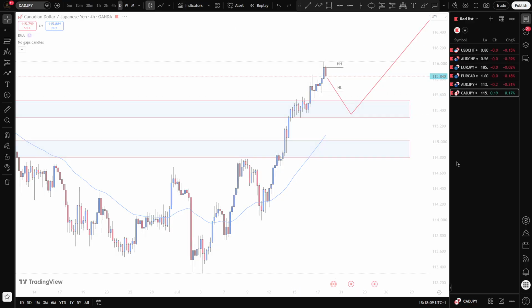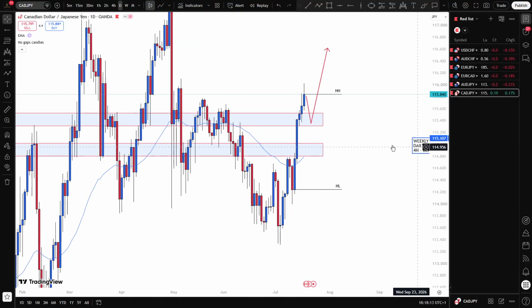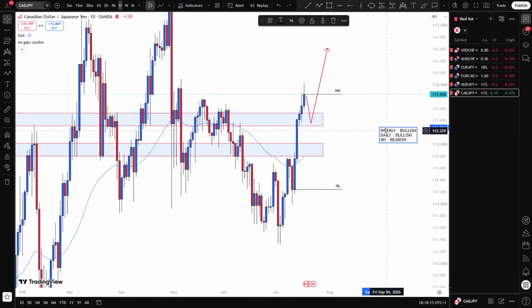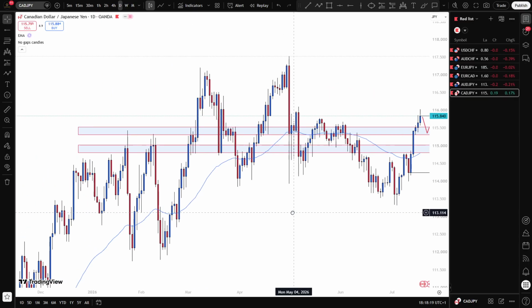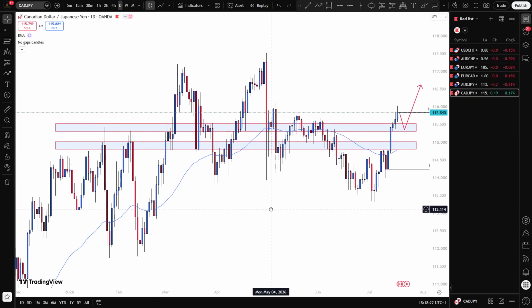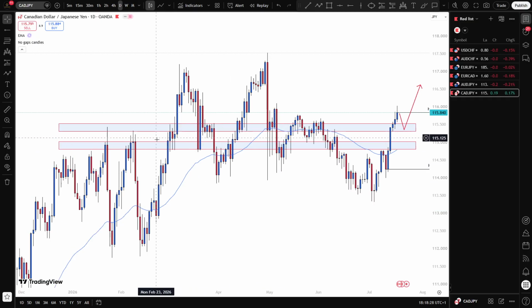And that doesn't really matter because 2 time frames are already in sync, which is the weekly and the daily time frame. So this zone is not really a very strong area of interest, but it's still valid because we have one rejection here. When price approached it to pull down, one rejection.